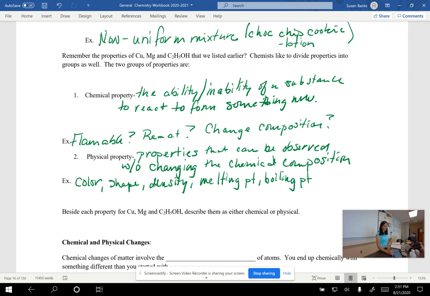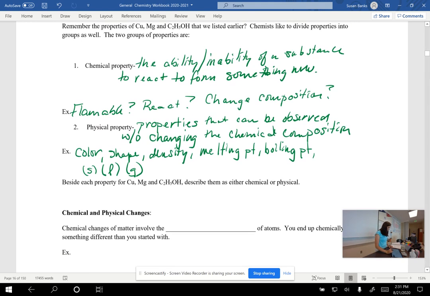It has a boiling point of 100 degrees Celsius. Okay, all of those, whether it's a solid, a liquid, or a gas, these are all physical properties that I can observe.